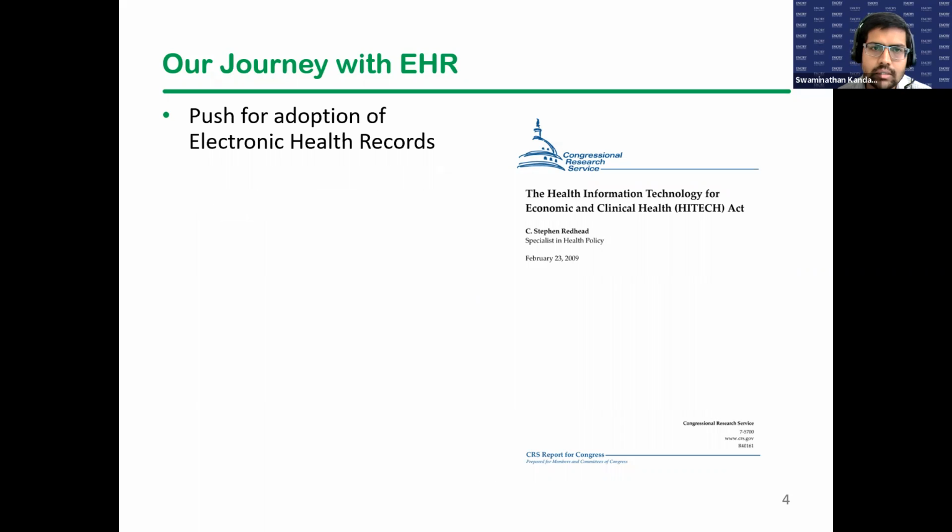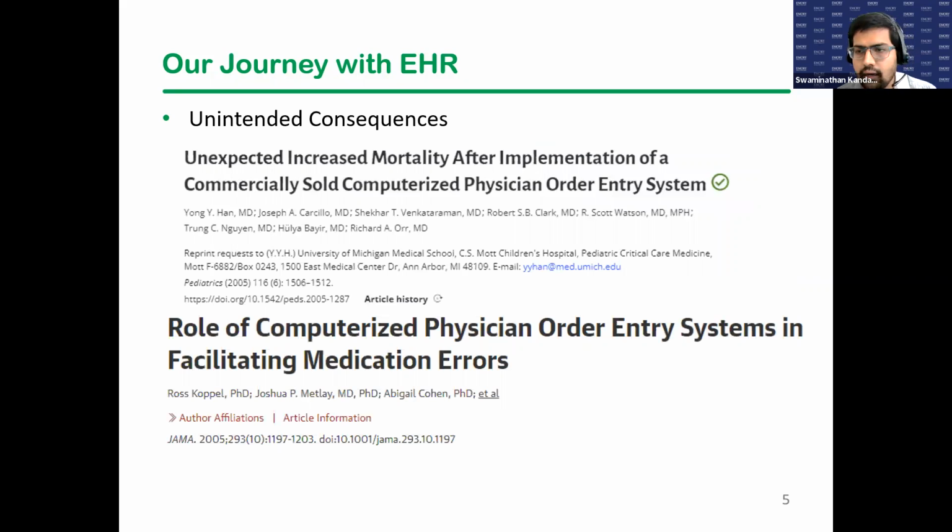And we now know that these are ubiquitous. But as we moved forward with adoption, we actually had lots of unintended consequences. There was reported increased mortality after implementation of these systems. We have also had reports on how these systems facilitate errors. It's not only affecting patients, but it's also affecting clinicians.